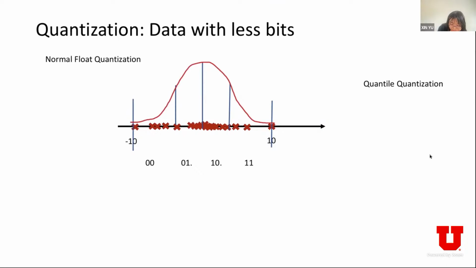Here there is 25% of the data, and here there is 25% of the data, for the normal distribution.